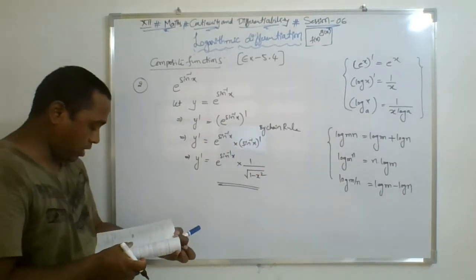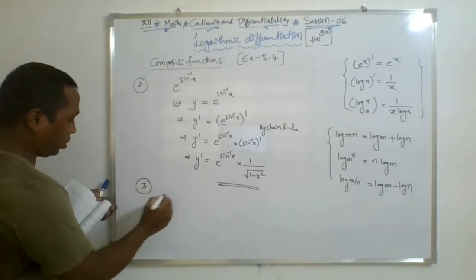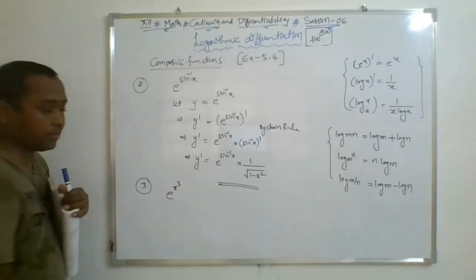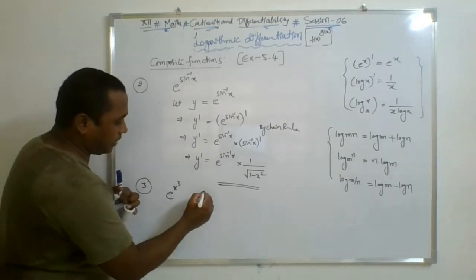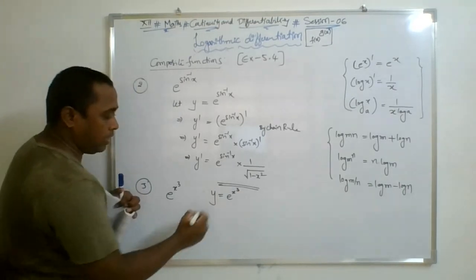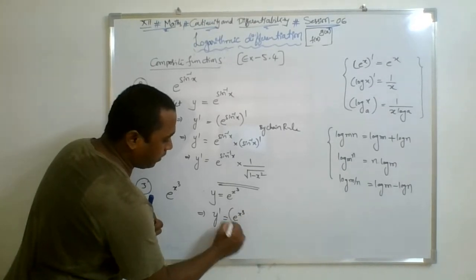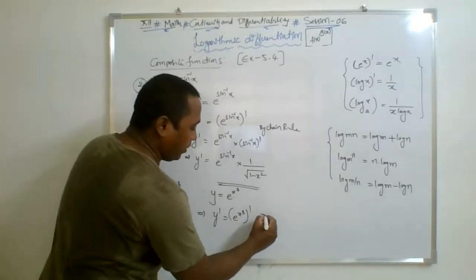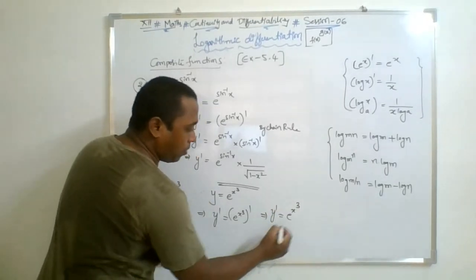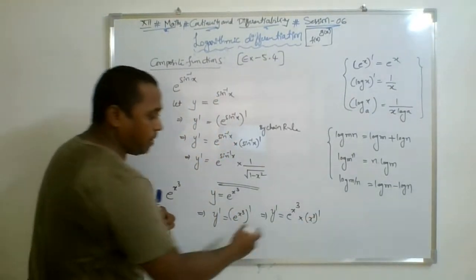Now I'm taking the next one, the third question: e to the power of x cube. Simply, first let y be equal to e to the power of x cube, then start the derivative. So y dash is equal to e to the power of x cube whole dash, which will give y dash equal to e to the power of x into the derivative of x cube, by chain rule.